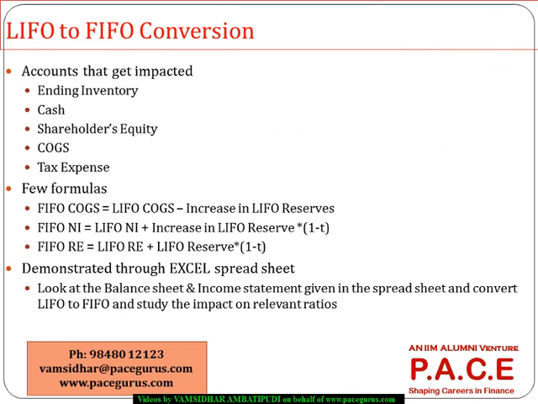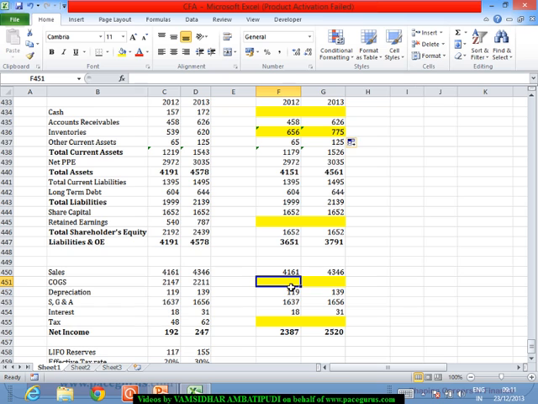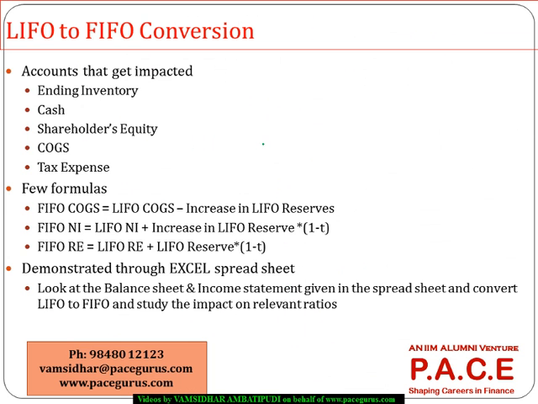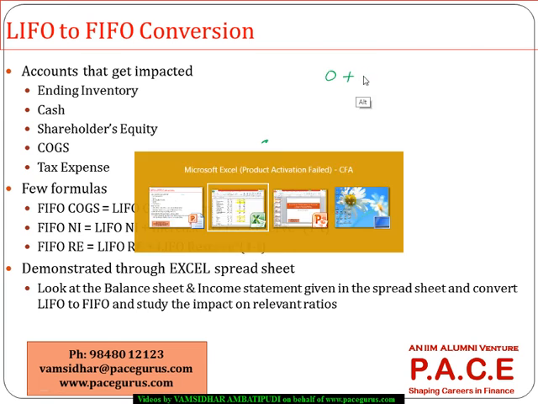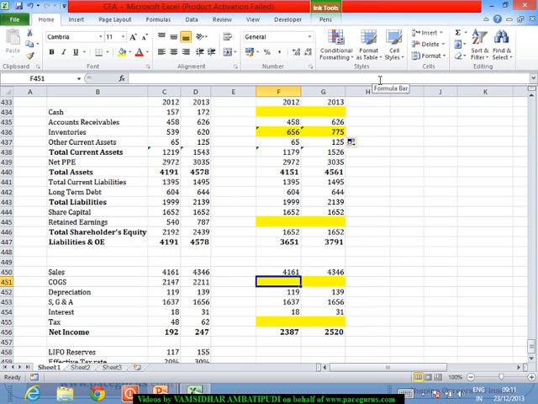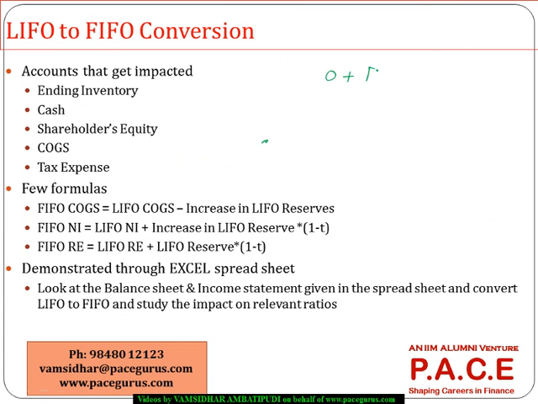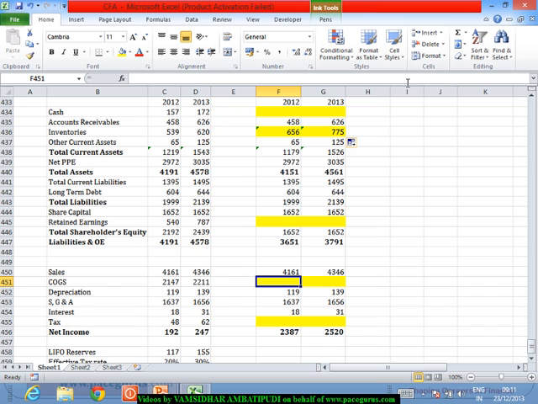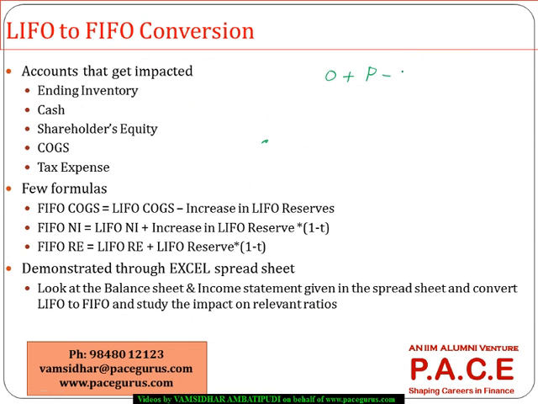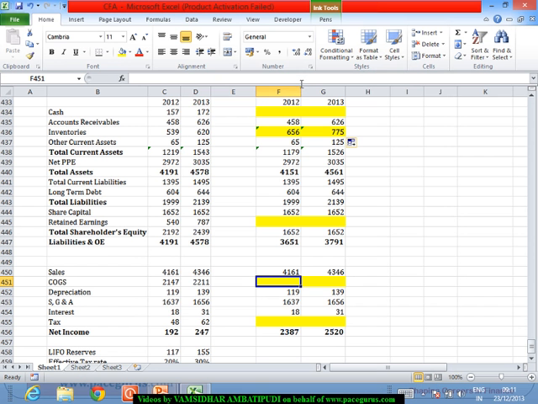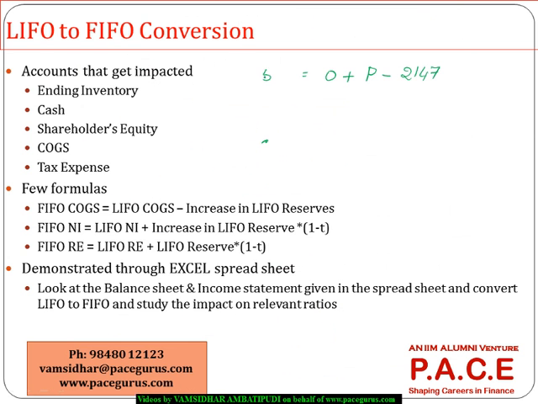So if I had gone with LIFO for the first year, the beginning of the period inventory is 0, plus the purchases for the year, we don't know, minus the cost of goods sold for the first year, 2147, resulting in an ending period inventory. This I am looking at from a LIFO standpoint. The ending period inventory was 539.